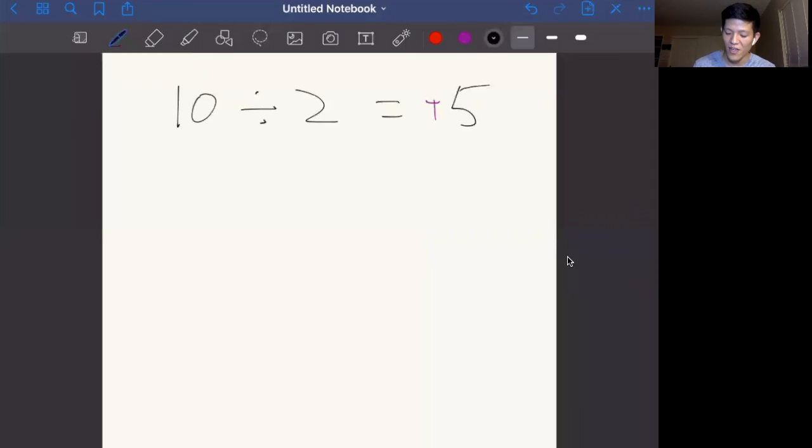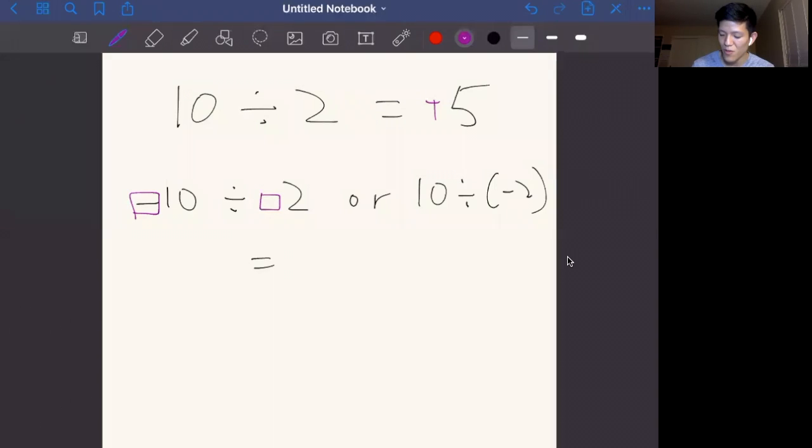But if we have negative 10 divided by 2, or 10 divided by negative 2, here we have a negative sign, here we have a positive sign. Signs are different, right? So the answer will be negative, and 10 divided by 2 is equal to 5.